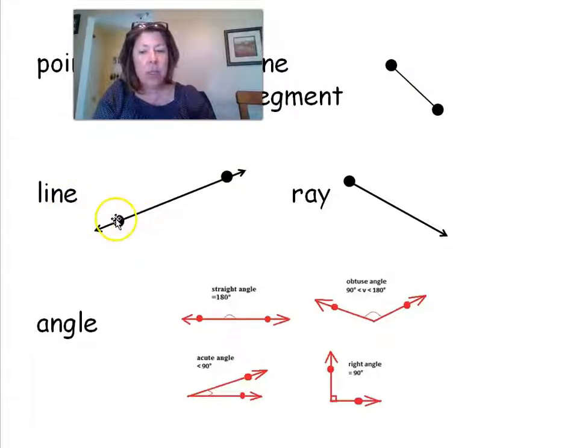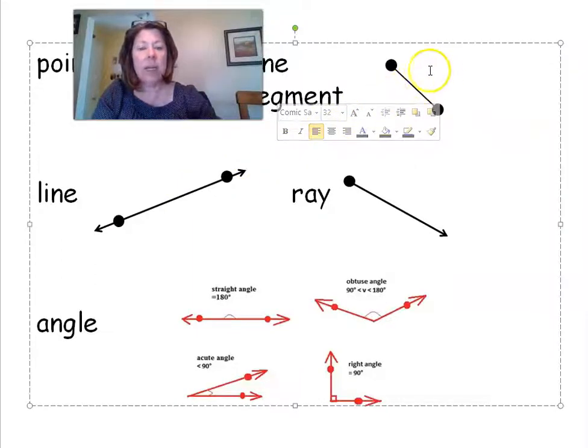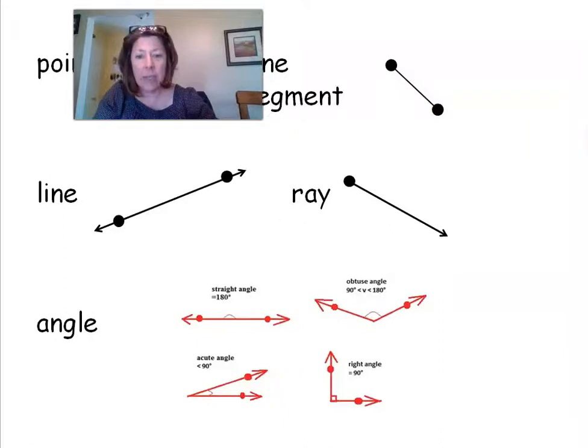Next, I have a line. And what you're going to notice about the line is it kind of looks like the segment, but the line has two arrows on the end. And this line is going through 2 points. Now, there could be more points all over this line. Now, what you'll notice is I can start here and then I can keep going and going and going and going and going.